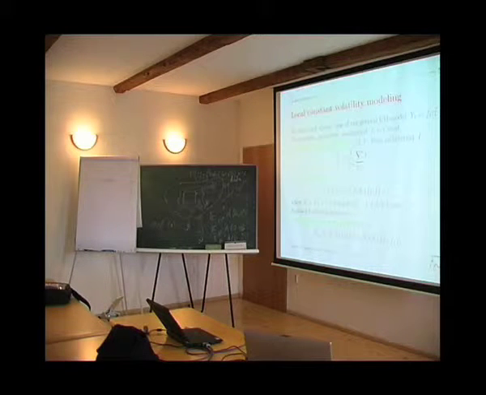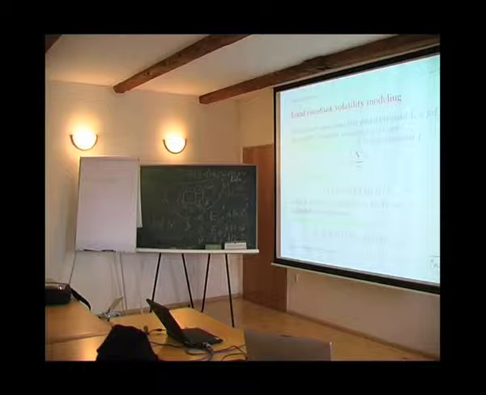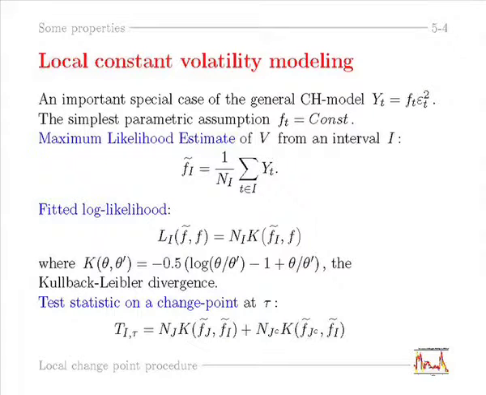Good. Now everything can be done. So here it is illustrated for local constant volatility modeling, and this is what Mstislav will show in a minute, how it works. For LCP, I just briefly summarize. So in this case, the volatility, so the function f is constant, and a good estimate from the interval I is the mean value of the squared returns.